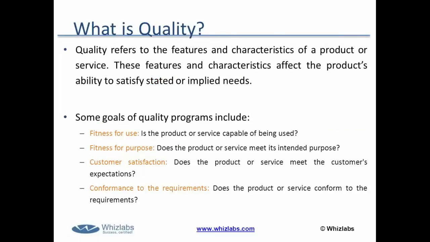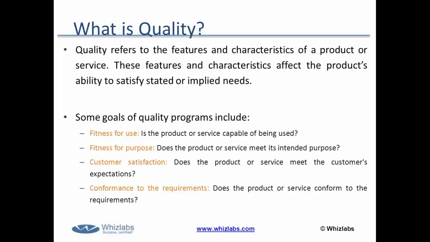Let me share an example with you. Suppose your project is about producing a product, say a router or a modem through which you can access internet and wireless services. So the output of the project is a product called a wireless modem. Now what are the features and characteristics?